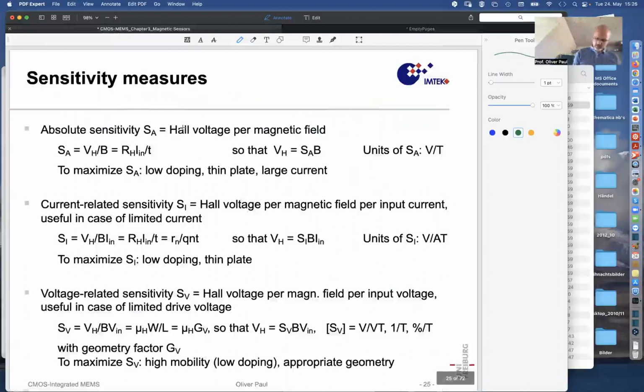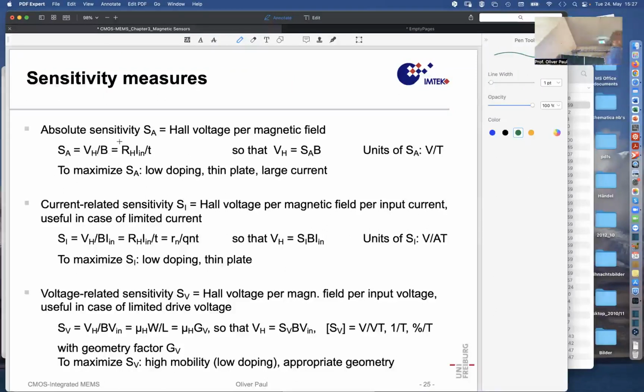And before doing that, let us look at some of the sensitivities that can now be derived from what I just said. So you can ask, how much voltage can I get out of this device per magnetic field?